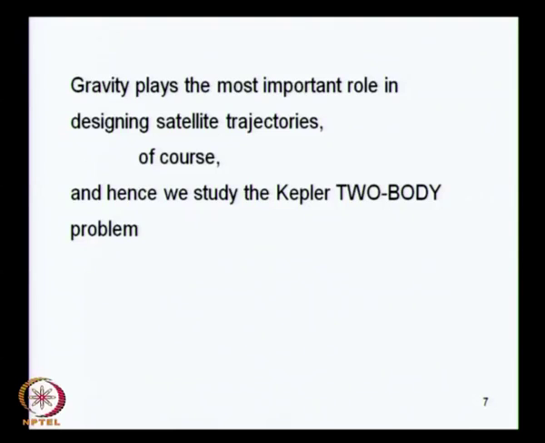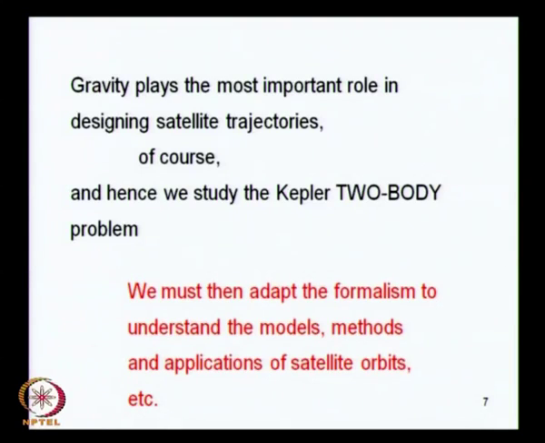Now, of course, gravity plays the most important role in all of this. So, we will begin our discussion with the two body Kepler problem, in which the two bodies have a gravitational interaction between them, and then of course as one studies this subject further, one will need to adapt the formalism to study satellite orbits and other things.